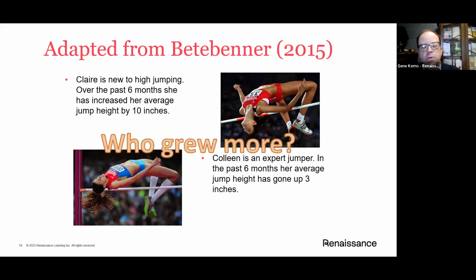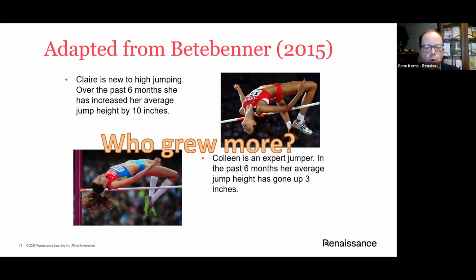If I say to you, who grew more? In chat, tell me, is there anything that makes you pause before you say who grew more? Is there anything else that you go, well, it might be hard for me to tell? Anybody got an idea about why that might be hard to say? Who between these two grew more?